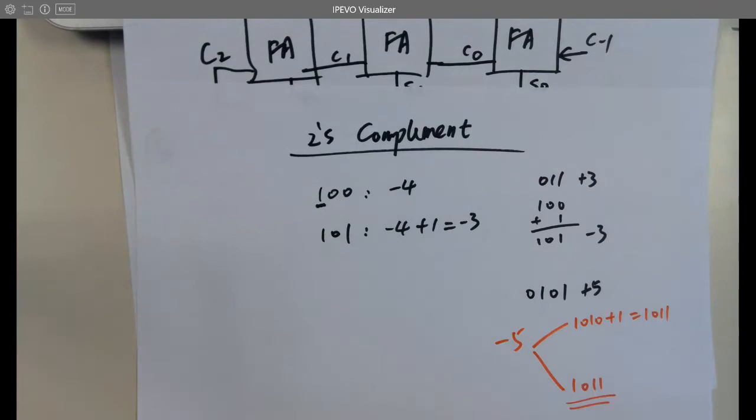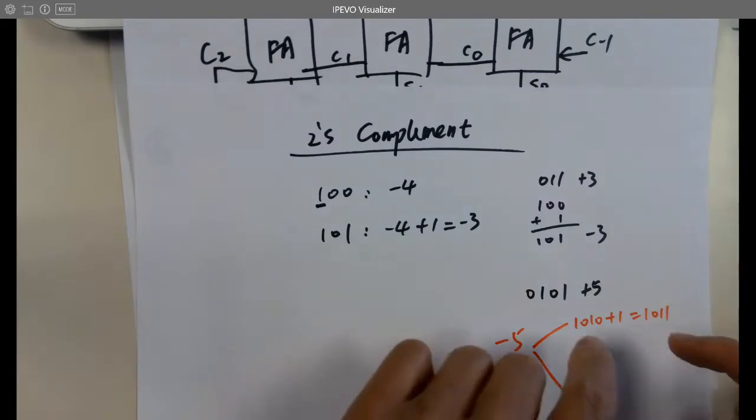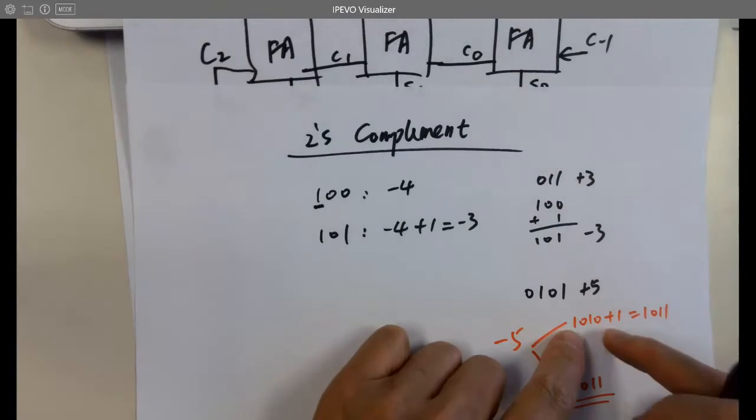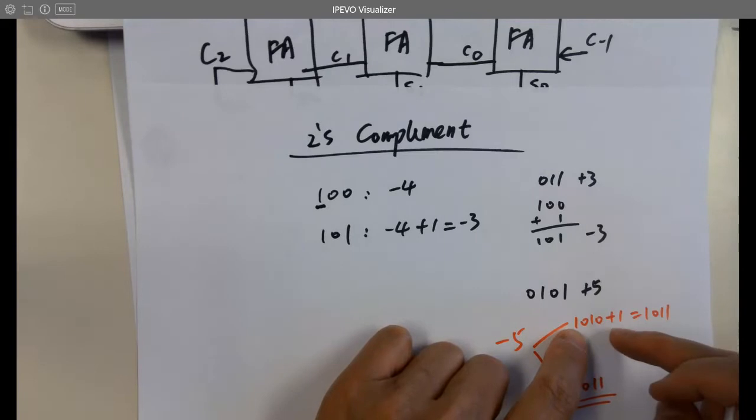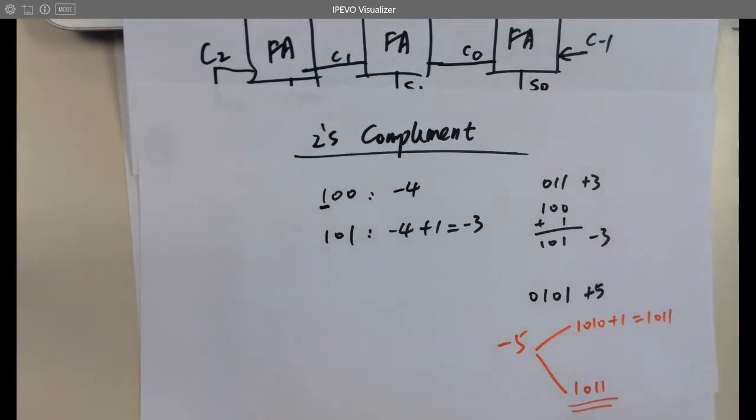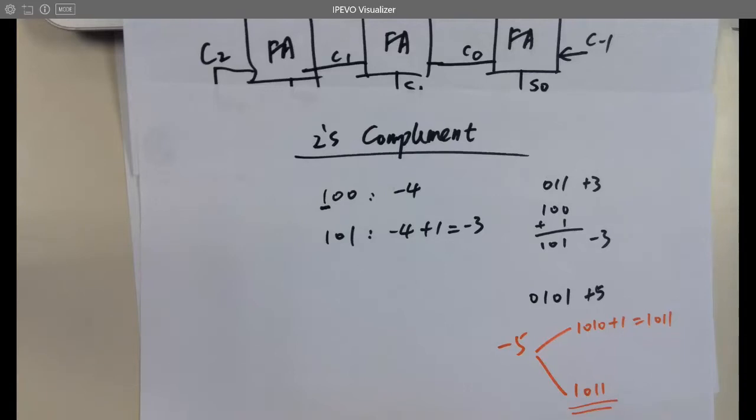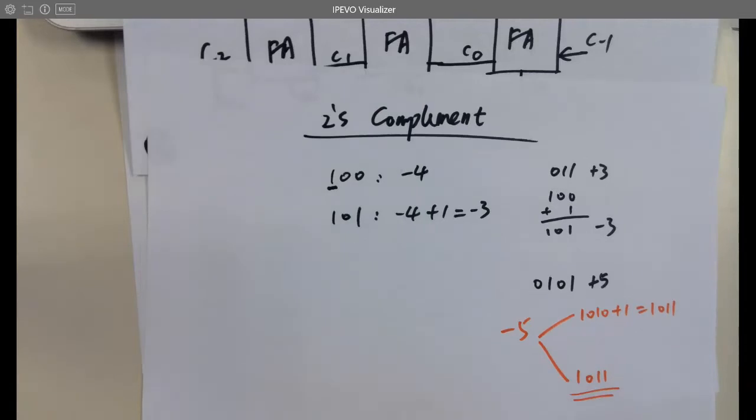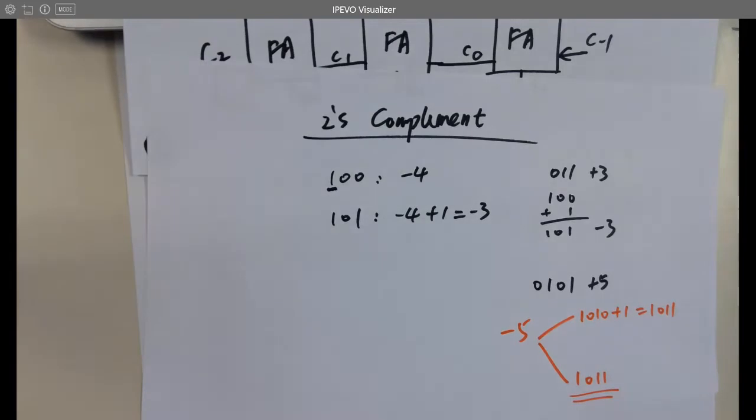But all the operations being used here can be implemented using digital logic. Why? Because flipping every single bit is doing what? Inverters, right? And adding a 1 to the LSB is doing what? Adder. Done.